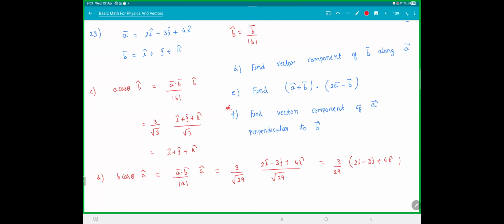Those are the vector components. What about E and F? Keep going. Any doubt so far?